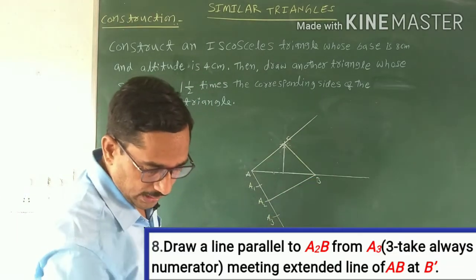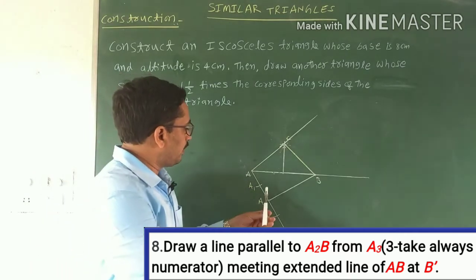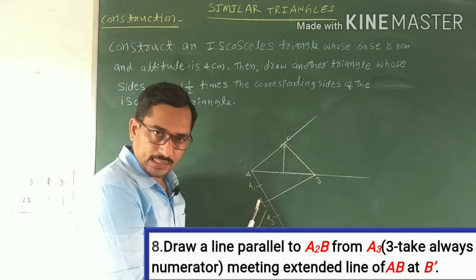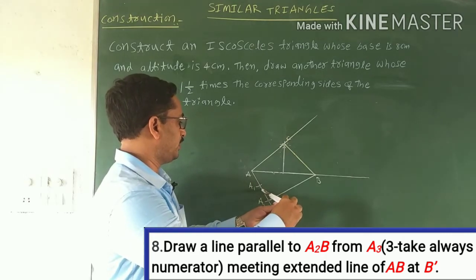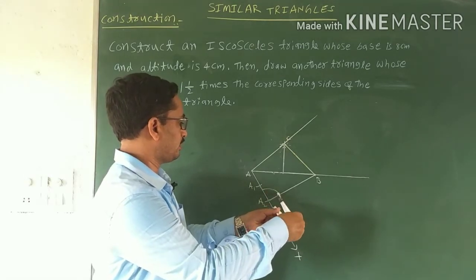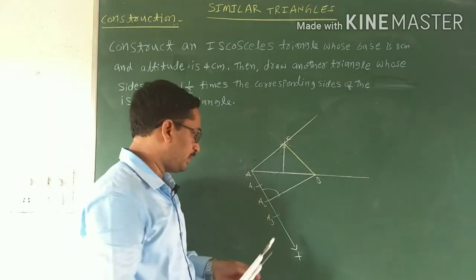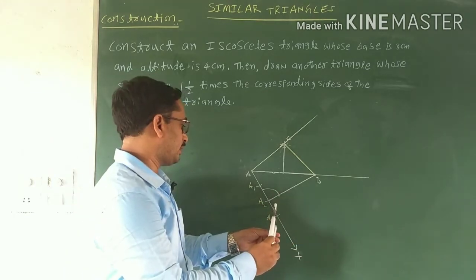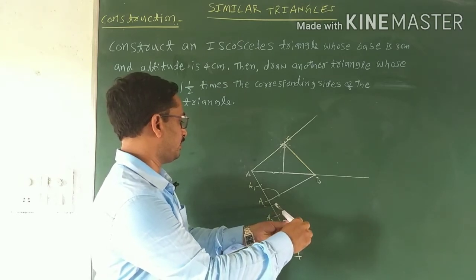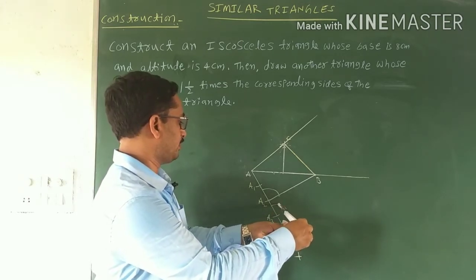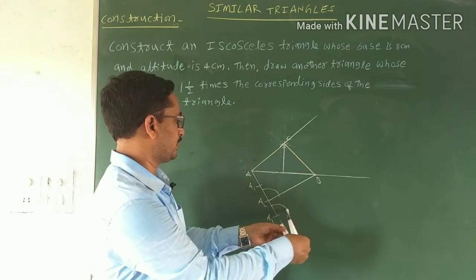So how to draw parallel lines? See again, here take A2 as the center, draw an arc. Next, with A3 as the center, draw an arc with the same measurement. No need to change the measurement.